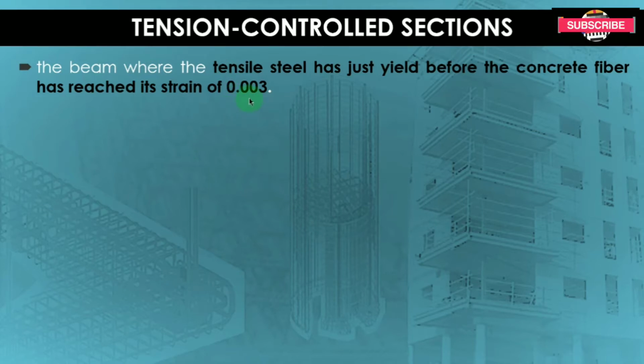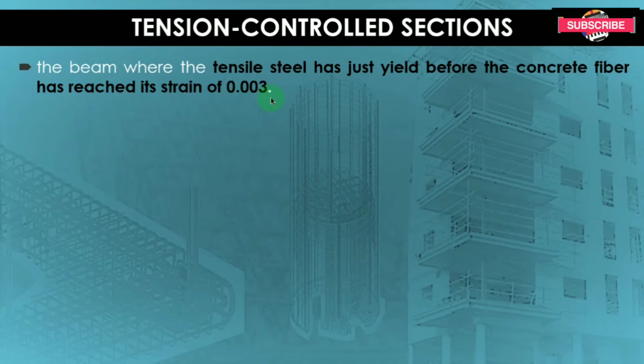Kaya sa tinatawag na compression control, no? Nag-fail muna yung concrete bago yung steel, but itong tension control section, nag-fail muna yung steel niya bago nag-fail yung concrete niya. So ito yung kaibahan. Kaya siya tinatawag na tension control kasi nag-fail muna yung tension steel niya bago nag-reach ng strain of 0.003 ang concrete fiber natin.